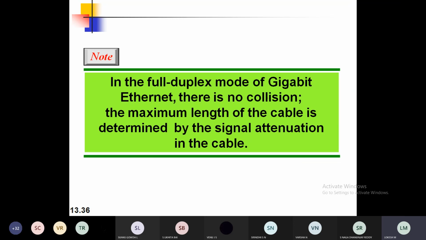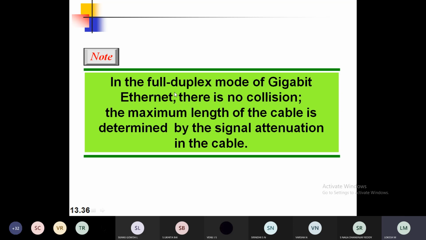In the full duplex mode of gigabit Ethernet, there is no collision, and the maximum length of the cable is determined by the signal attenuation in the cable, right?